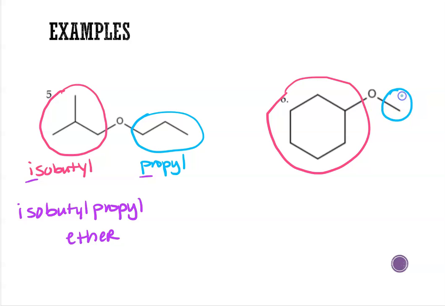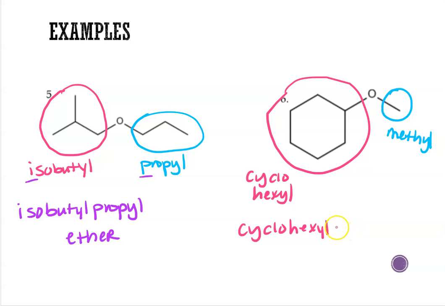Over here, this is just a methyl group. So alphabetically, this would be cyclohexyl methyl ether.